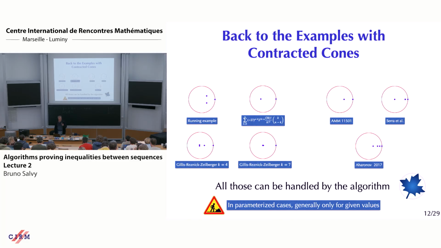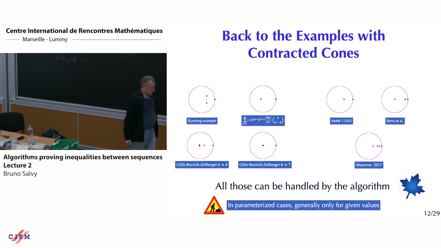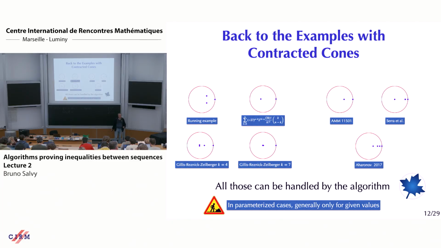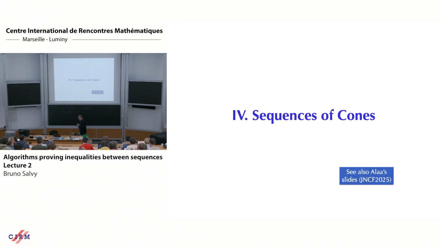Okay. But as we saw yesterday, there are many examples of positive sequences coming from linear recurrences where the limit matrix does not contract a cone. And for that, I'm going to show you the result of Alaa that she presented at ISAC last year and at JNCF here.